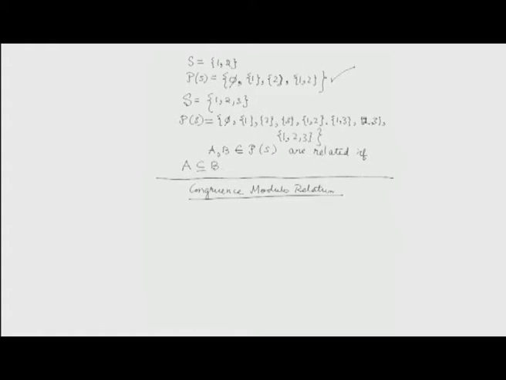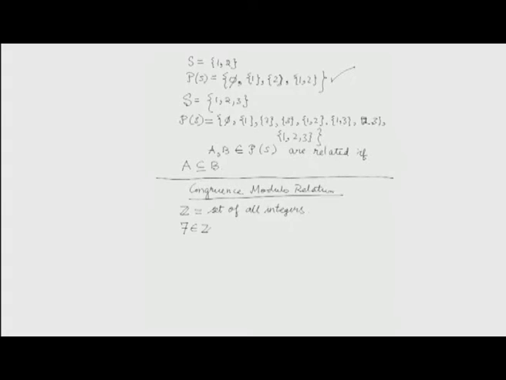Here also we consider the set Z, which is the set of all integers, then let us pick up a positive integer. So, let us pick up 7.